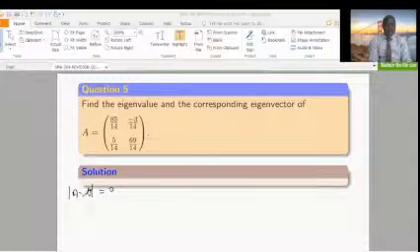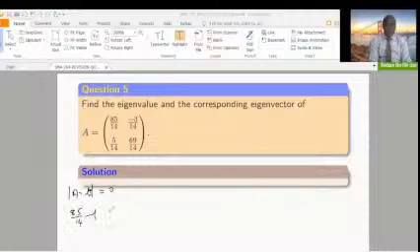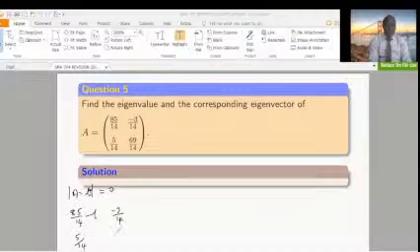So when I do this, it will be 85 out of 14 minus lambda, negative 3 out of 14. And then this would be 5 out of 14. And this would be 69 out of 14 minus lambda.